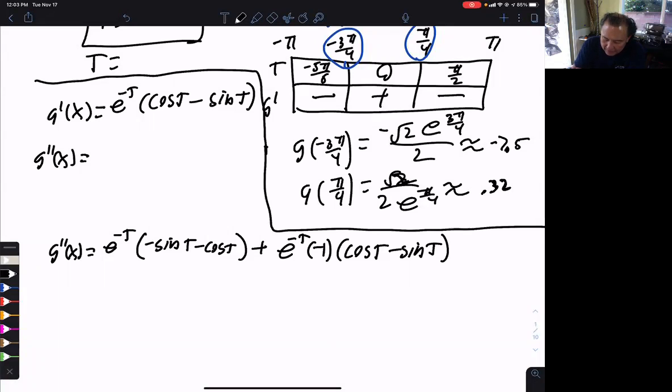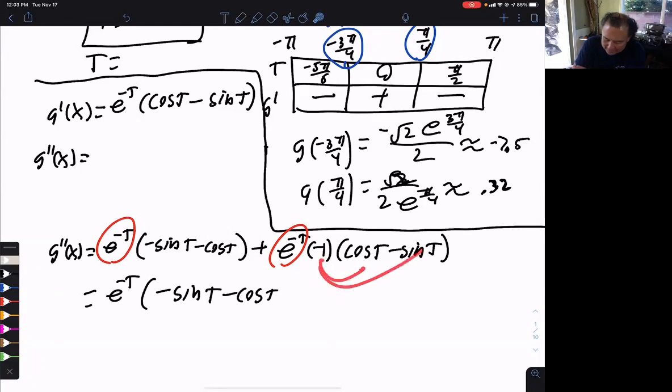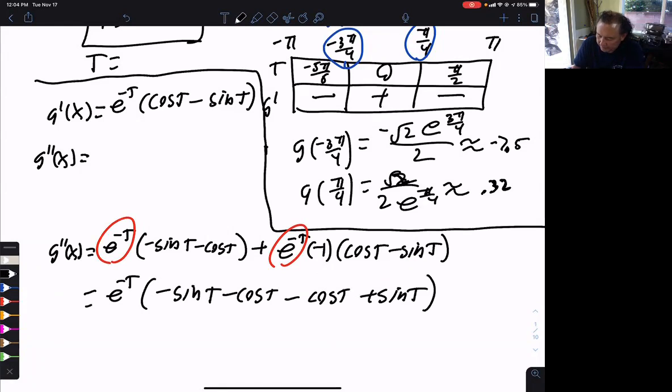I have a common factor of e to the minus t. I will take that out. And I'm left with minus sine t minus cos t. Distribute that minus. I'm going to get minus cos t plus sine t.